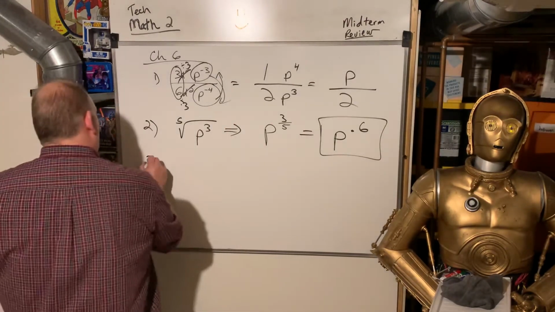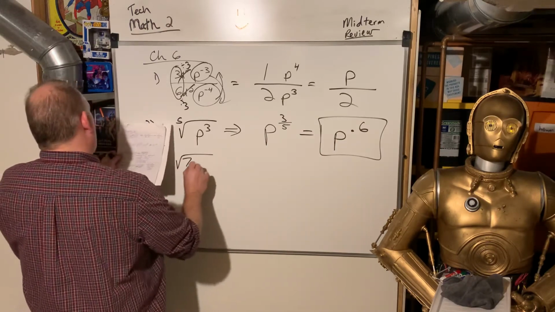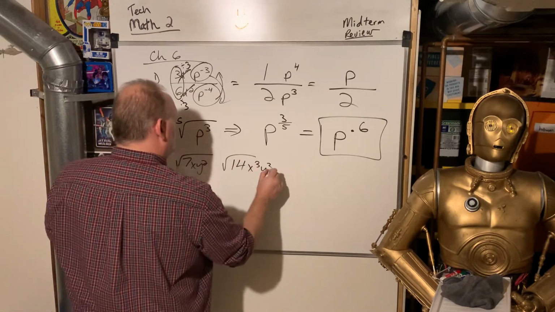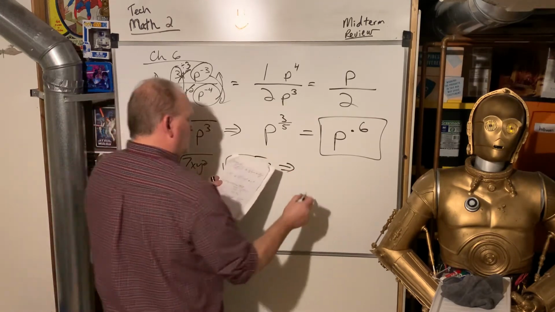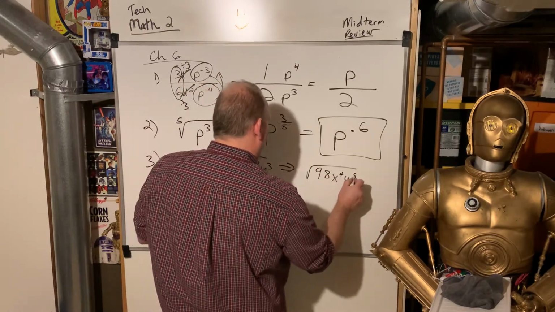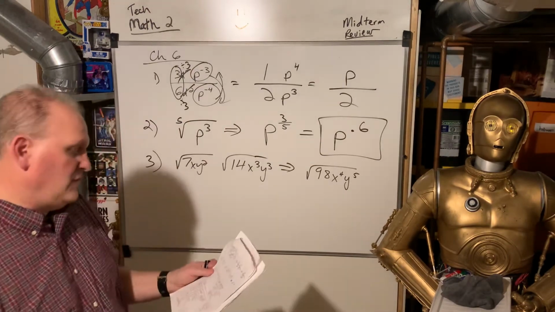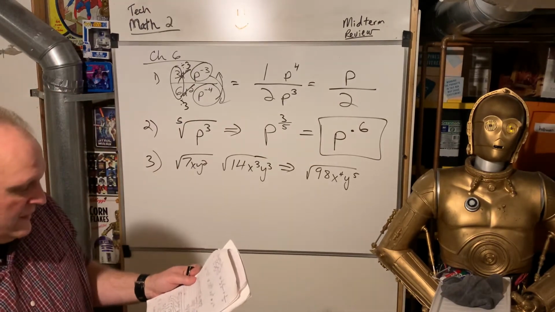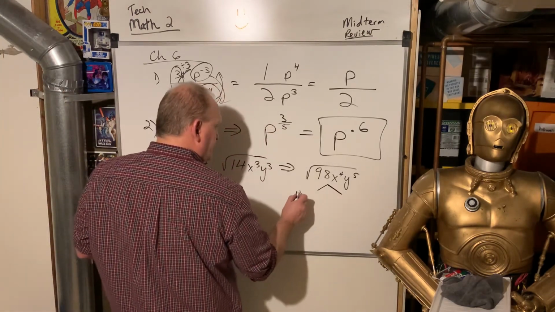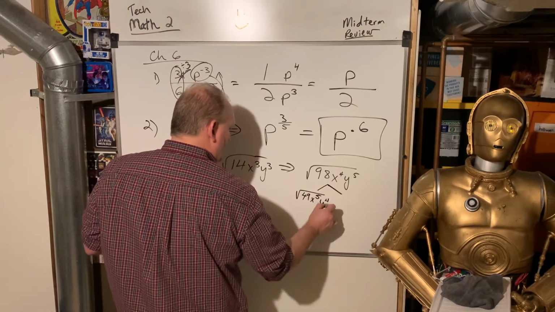All right, number 3. We're going to multiply 7xy squared times the square root of 14x cubed y cubed. So you multiply that out and you get 98x to the 4th y to the 5th. Now, you want to separate perfects and leftovers. Perfects and leftovers. So what we're going to do there is separate it out into 49x to the 4th, y to the 4th.